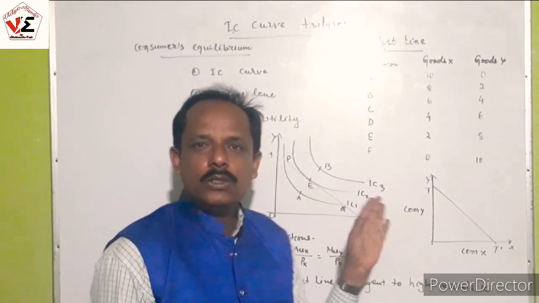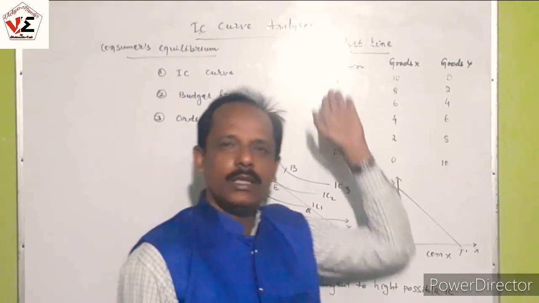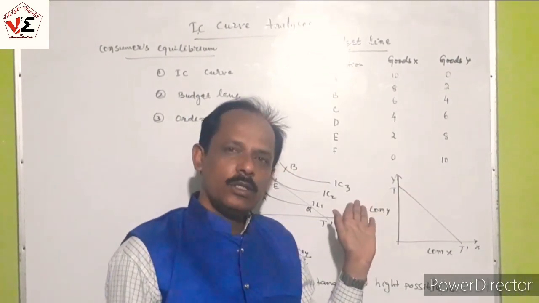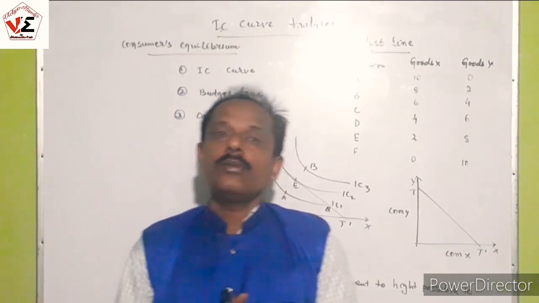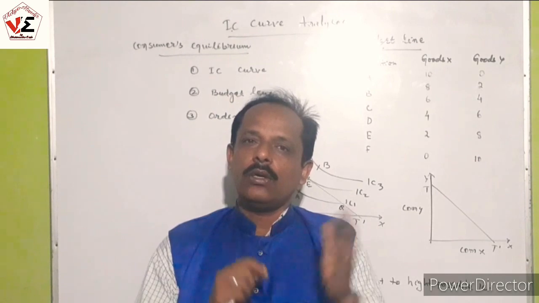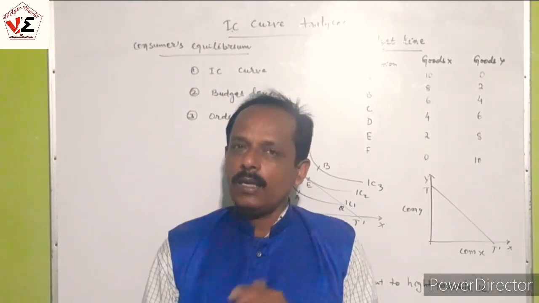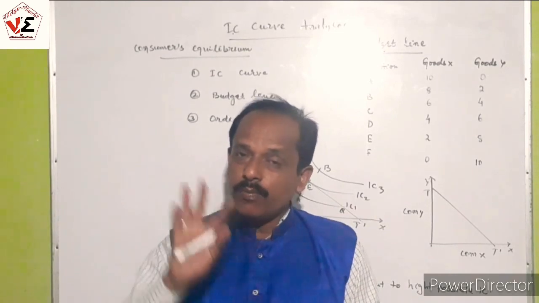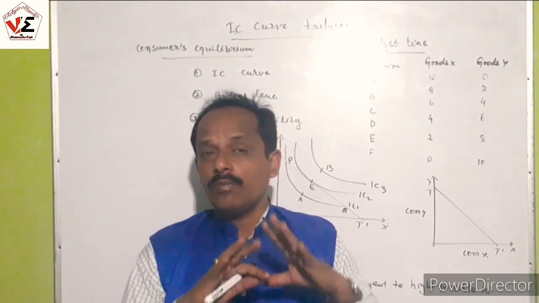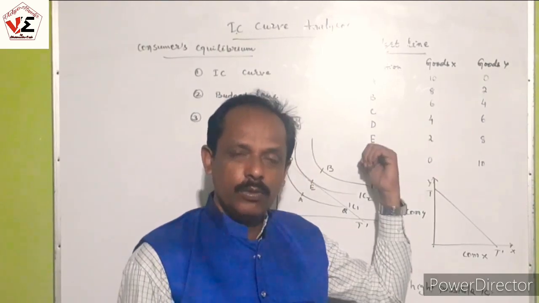Today our topic is the budget line and the indifference curve, and how the consumer achieves equilibrium through the indifference curve. So what is equilibrium? Equilibrium is the point or position of rest where the consumer gets optimum satisfaction, the best possibility of satisfaction that the consumer can get.